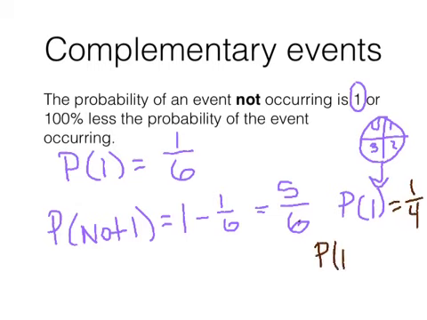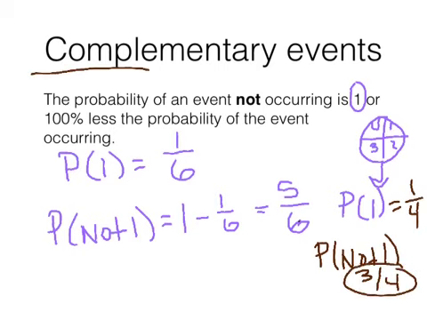The probability of not getting a 1 would be 3/4. So it's just the opposite. The complementary event is 1 minus the probability of the event actually occurring. That would be the probability of it not occurring, because it either happens or it doesn't. And so your 100% is every possible event, and the only possibilities are that it happens or it doesn't happen.